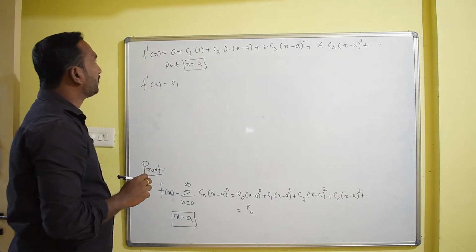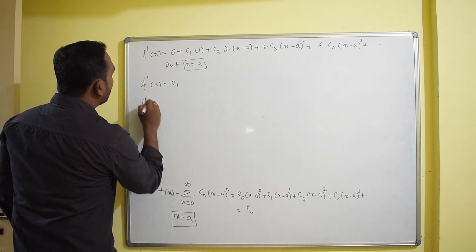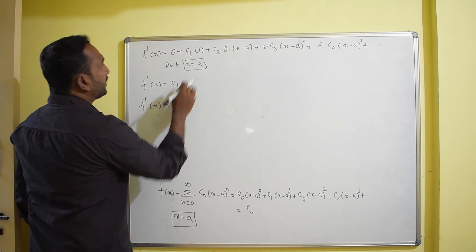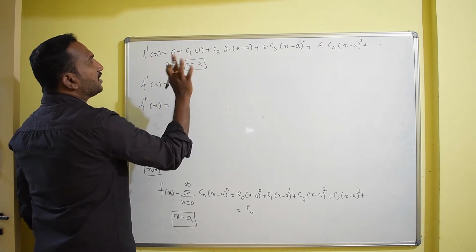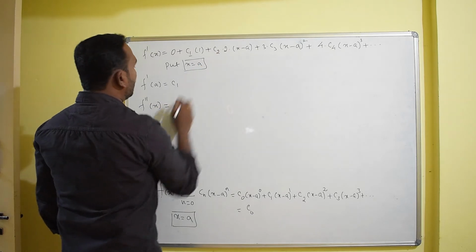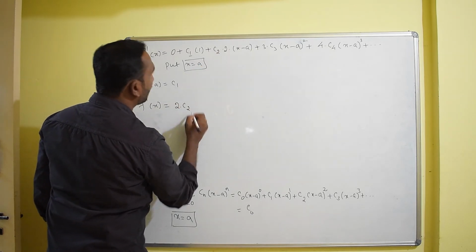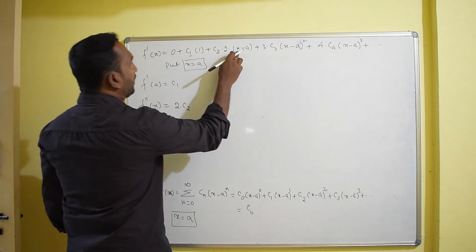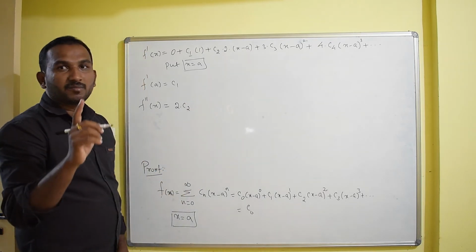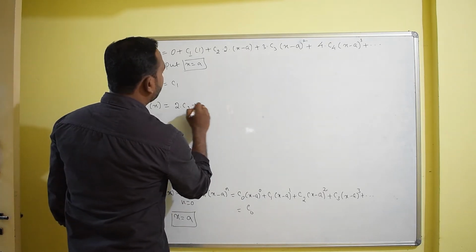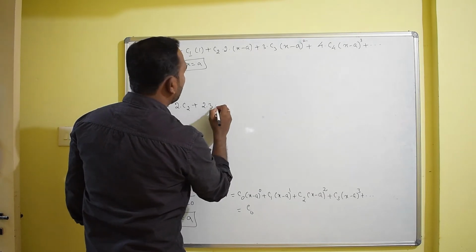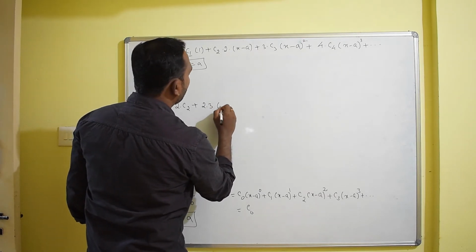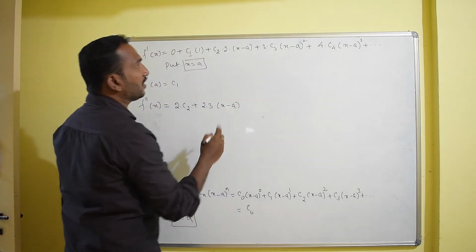So here we got the first one. Now f double dash of x will become: the constant term becomes 0, and 2 c2 is common, and x minus a differentiates to 1, then plus 2 into 3 c3 (x minus a) power 1.